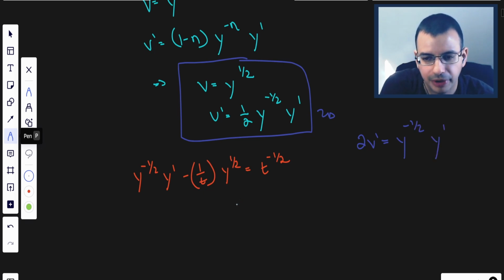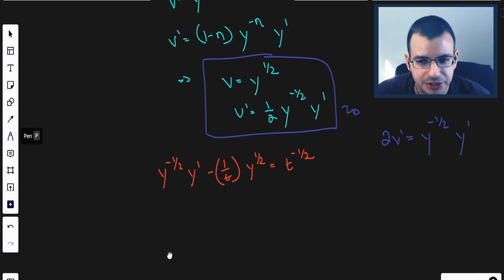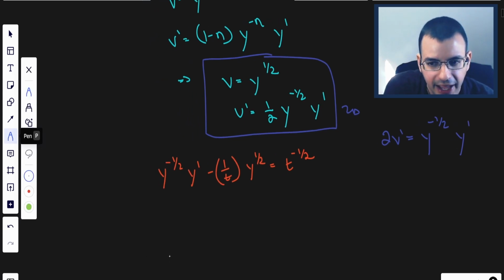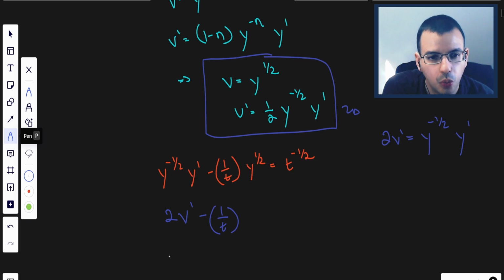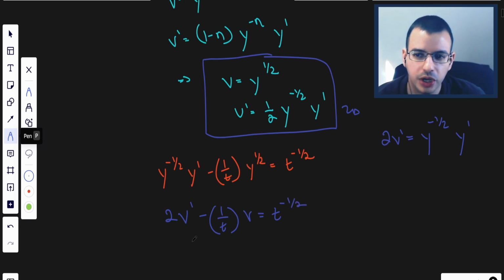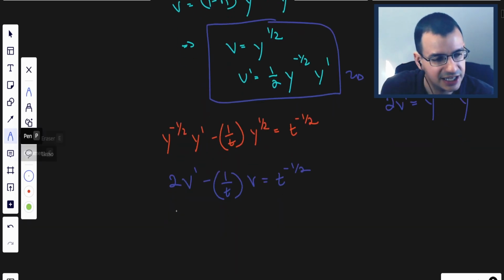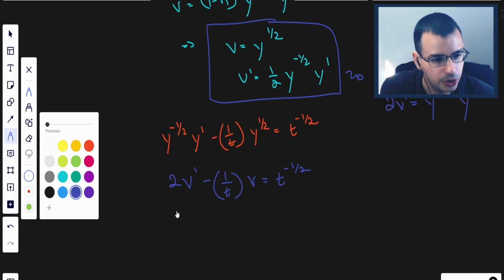I know the 1 and the prime makes it difficult. I'm sorry. And so this we have right over here. So it's going to be 2v prime minus, and we're still going to have the 1 over t, y to the 1/2 is going to be v, equals, and then still we're going to have t to the negative 1/2. All right, so now we've just rearranged this equation so that this is a linear differential equation that we can solve.